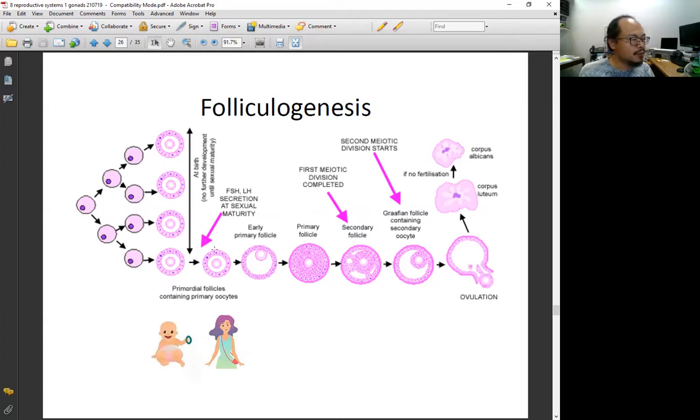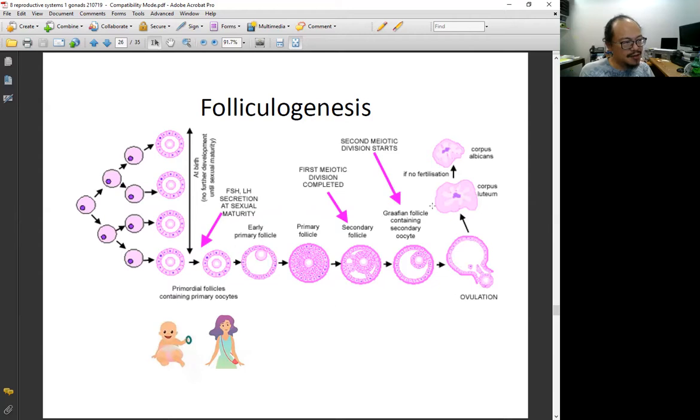It will go from the primordial, here is the primordial, to become the primary, to become the secondary, and to become the third stage, called the Graafian follicle. That Graafian follicle will be the mature one to conduct the ovulation.